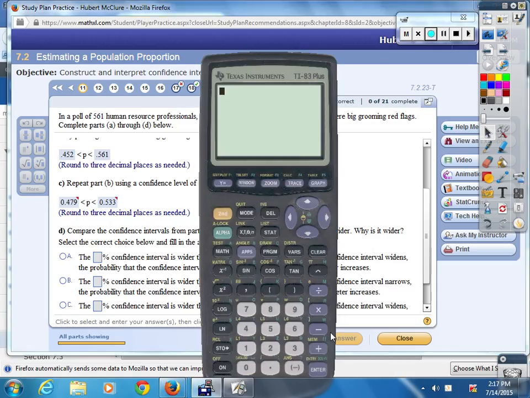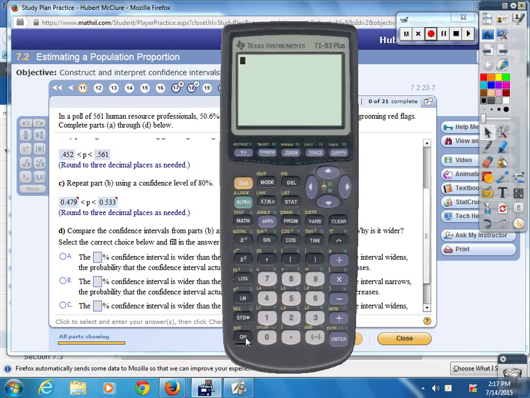Let me check something here. When in doubt, always pull out the calculator. 0.561 minus 0.452. And then 0.533 minus 0.479. Okay. So the top one is bigger. Everybody see that?